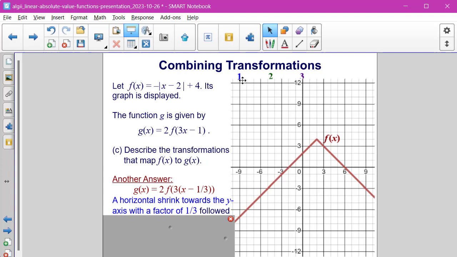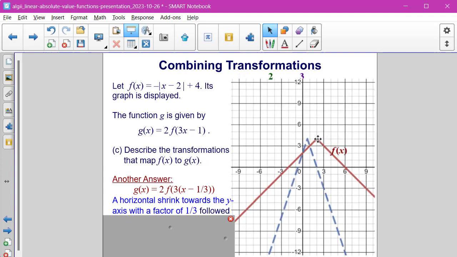In the graph, it'll look something like this. So you would go from our original vertex of 2, 3 to be at 2, 4 to be at 2/3, comma 4. The next transformation would be a horizontal shift to the right 1/3 units, or 1/3 of a unit.